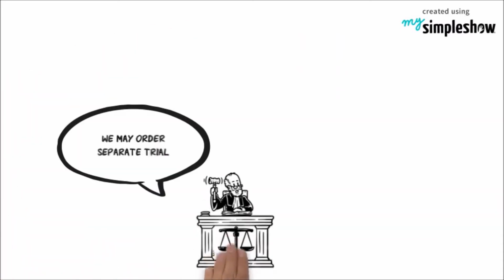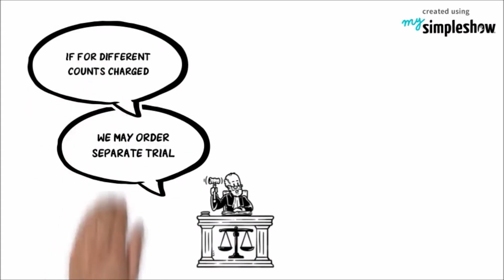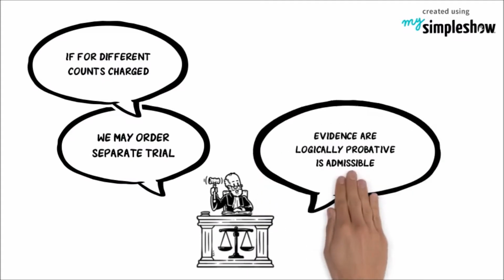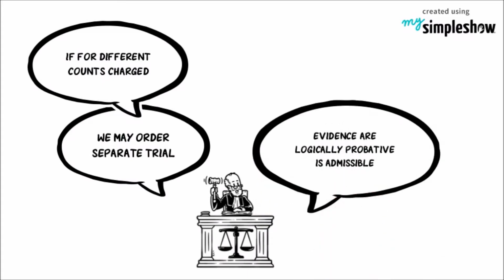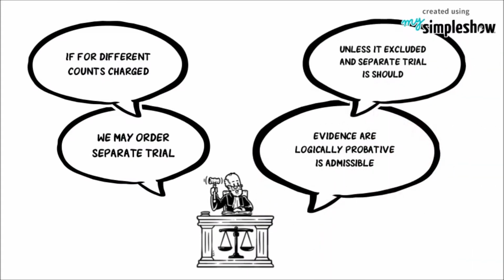In this case, the court reviews in detail the principles underlying the rule that a judge may order separate trial of different counts charged in the same indictment. The general proposition which provides a starting point is that all evidence which is logically probative is admissible unless it is excluded.